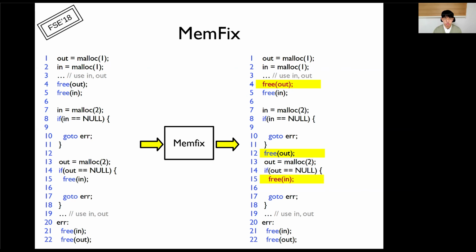The idea is to deallocate buffers right before they get reallocated, which is the simplest patch for the original code. Furthermore, as I mentioned before, MemFix formally ensures that this generated patch is always correct. As a result, it frees the developer from the error-prone task of manually verifying the correctness of the patches.